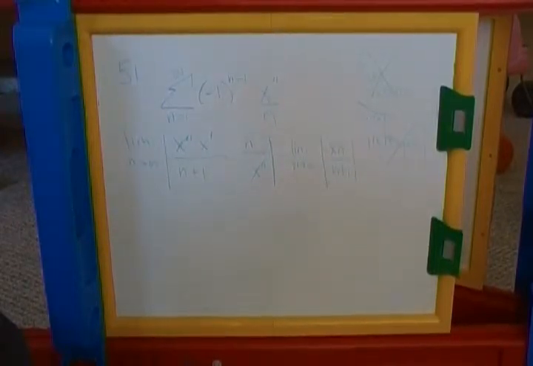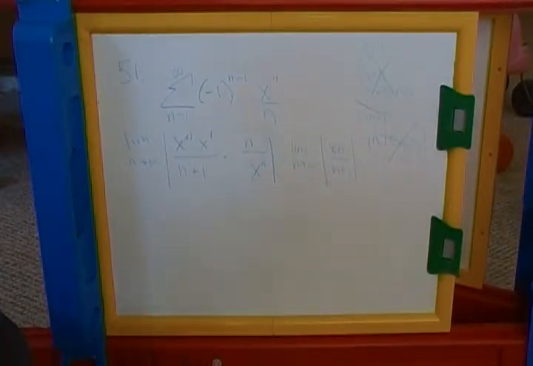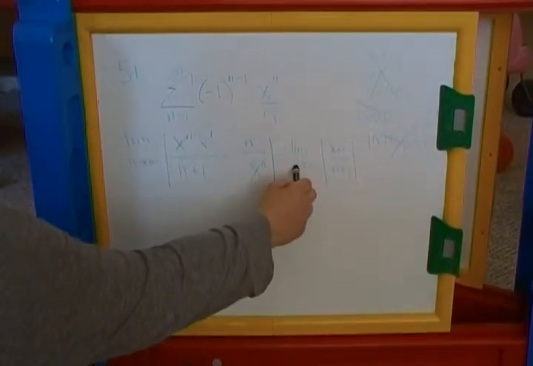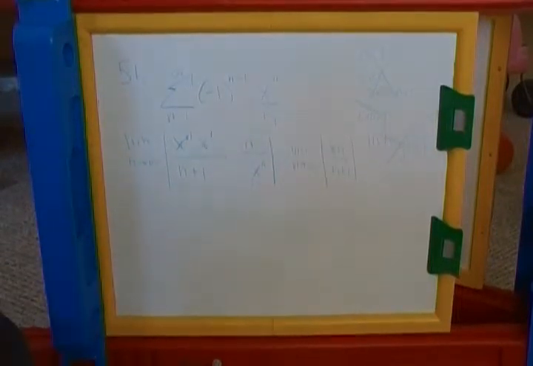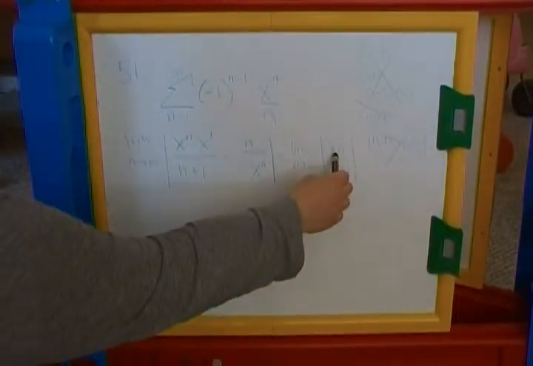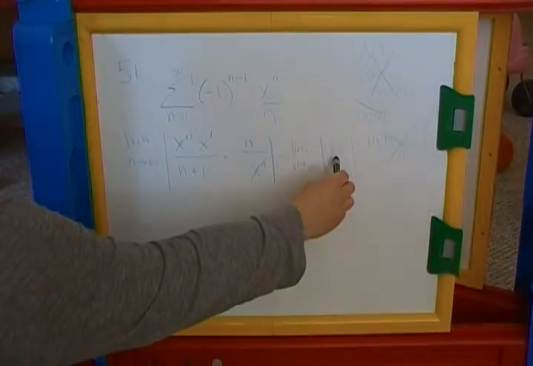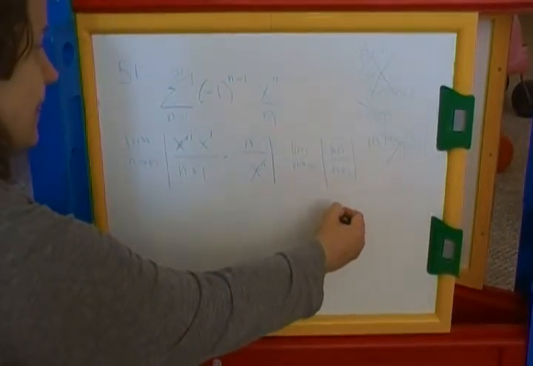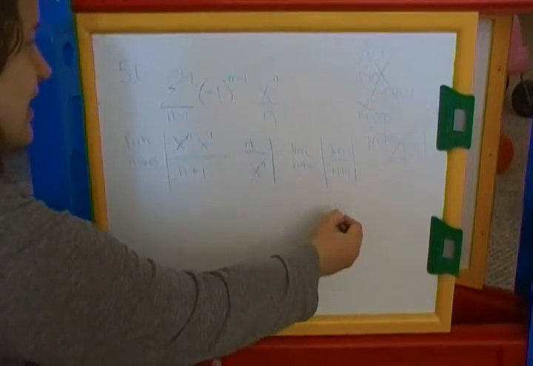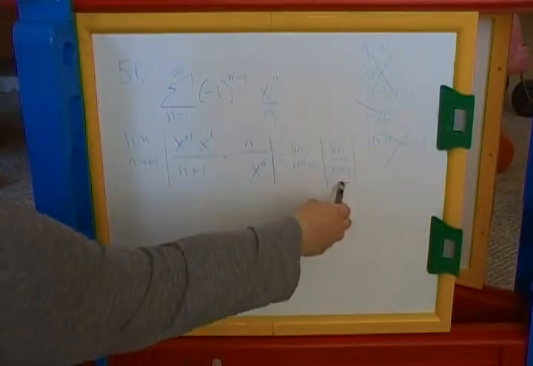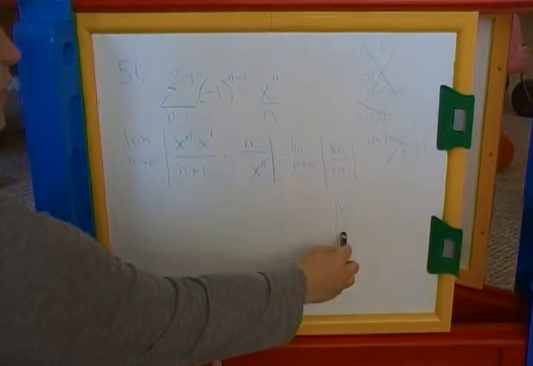Take the derivative of the numerator over the derivative of the denominator. The derivative of x times n with respect to n is just the coefficient x, and the derivative of the denominator is 1.